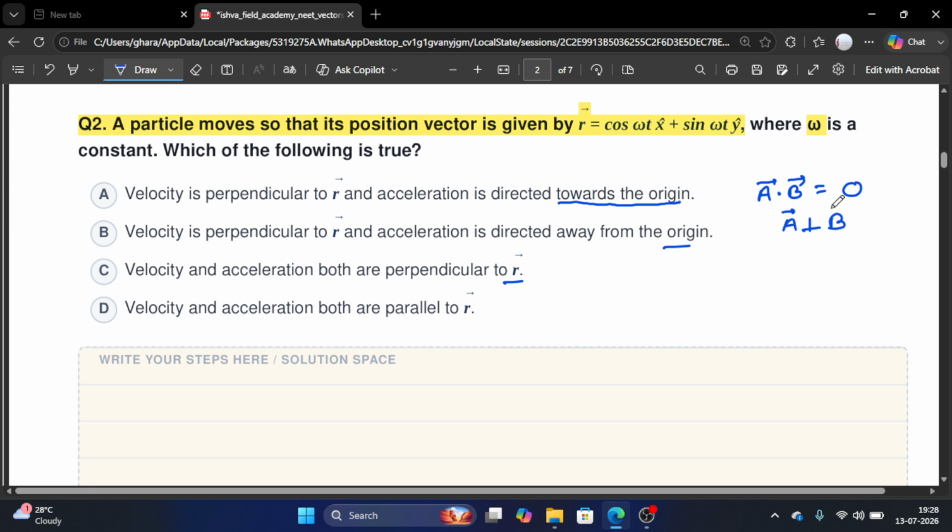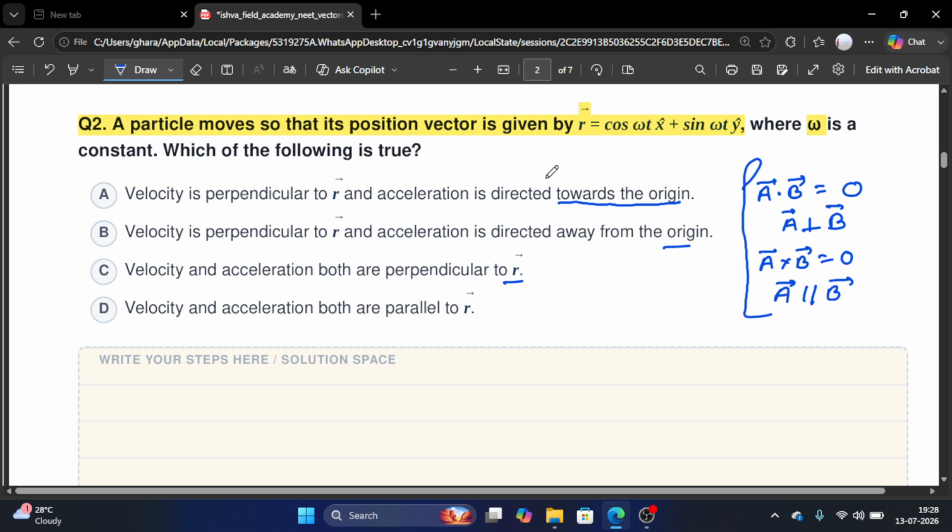Also, if a cross b equals 0, that means vector a is parallel to vector b. This condition we all know.